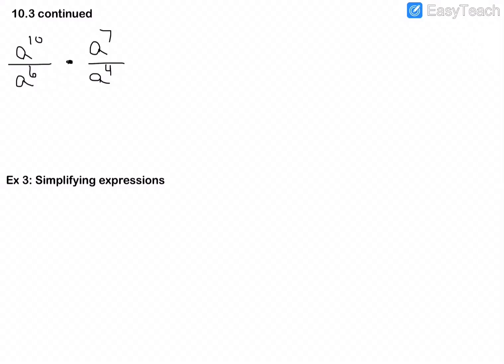So the first way, I'm going to go ahead and multiply my a to the 10th power times my a to the 7th power. So this is going to be a 10 plus 7 over a 6 plus 4.